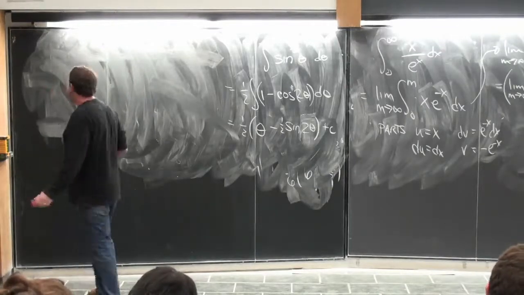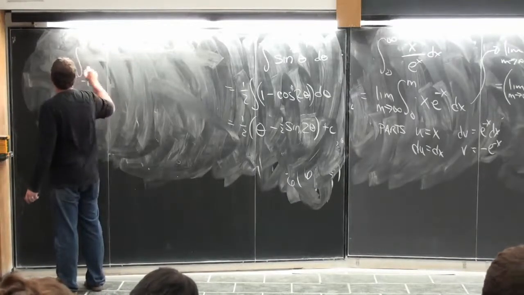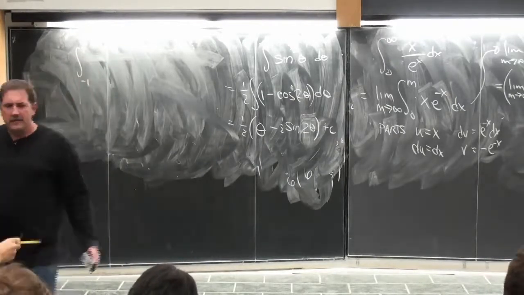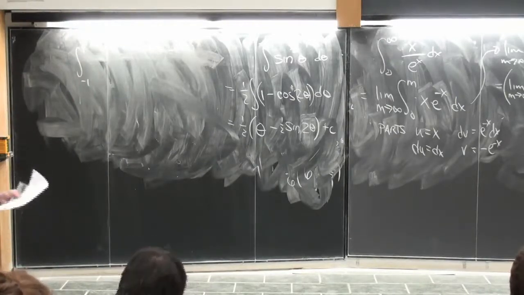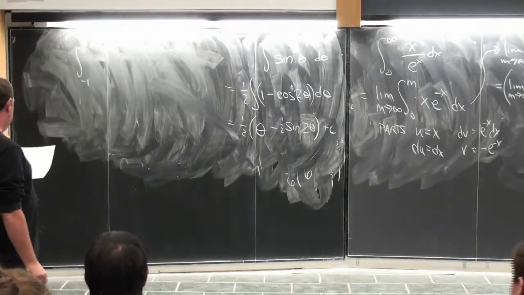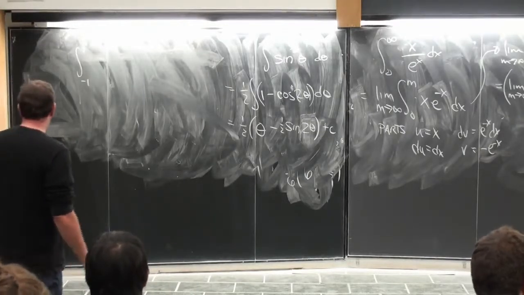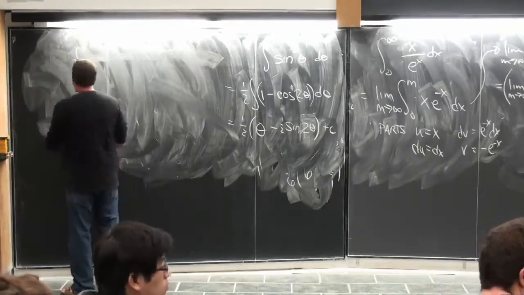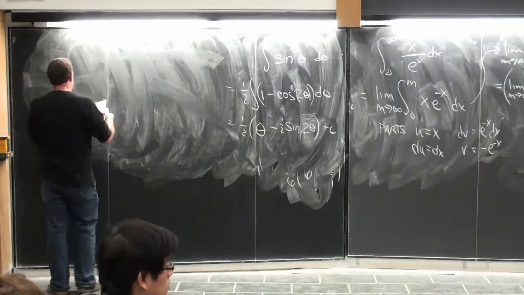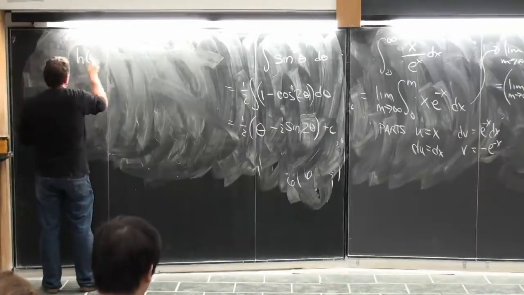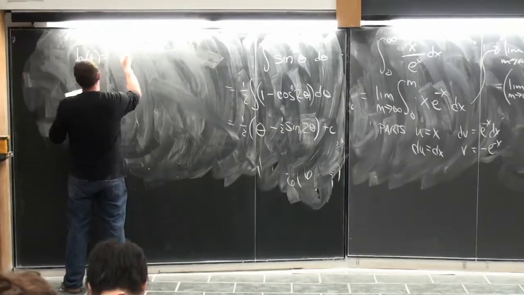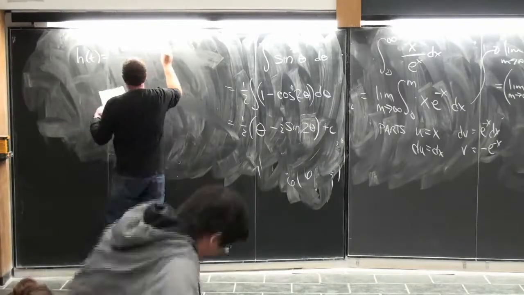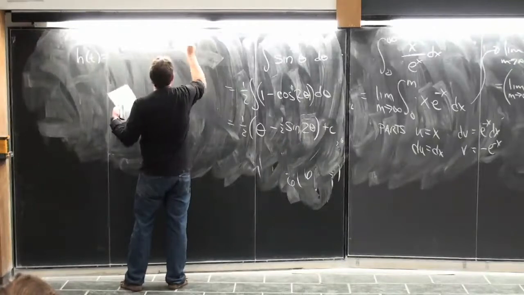So again, remind me of the function. There has to be a t here somewhere. Okay, so h of t equals sine squared i t plus e to the square.